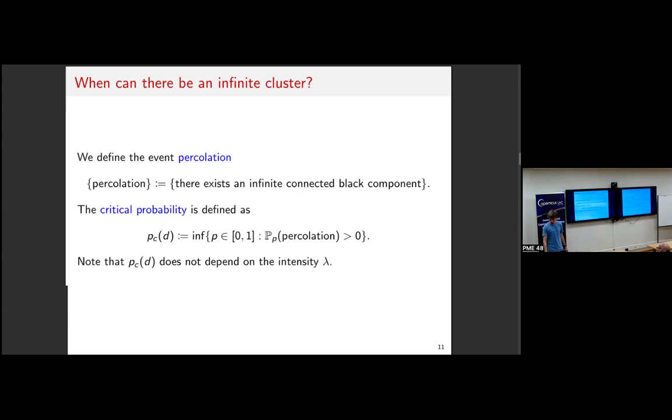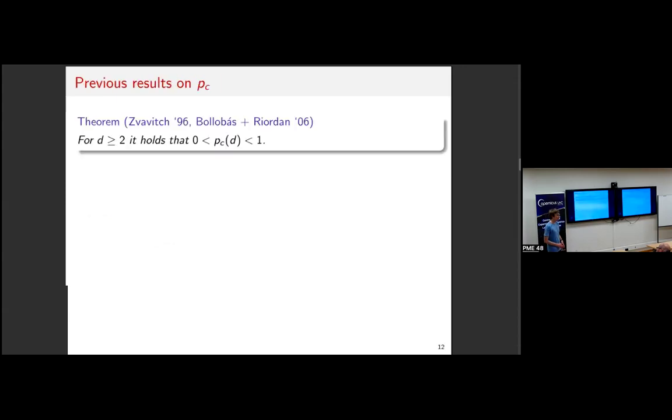So in the literature, there are already some results about this, at least for the Voronoi model, not so much for the Gabriel model. That's not so well studied. So one result is that the critical threshold is non-trivial, in the sense that it is strictly in between 0 and 1 if the dimension is larger than 2.